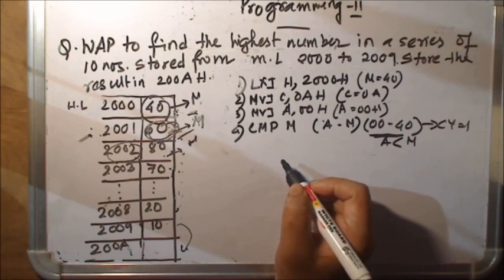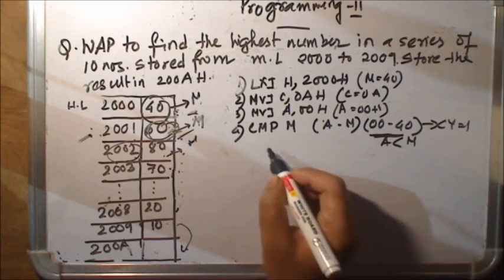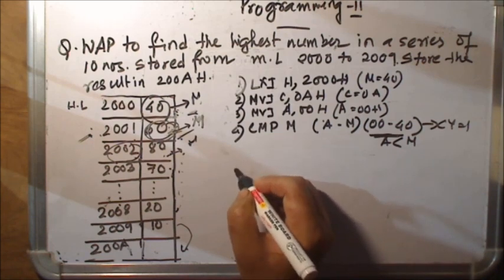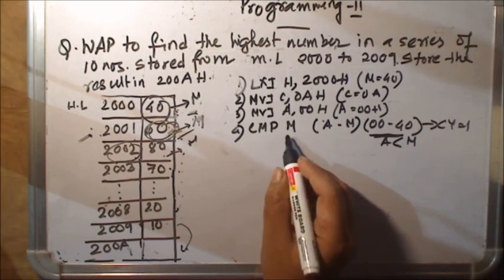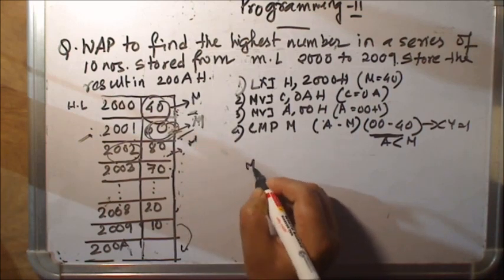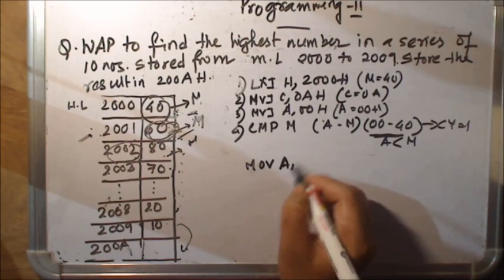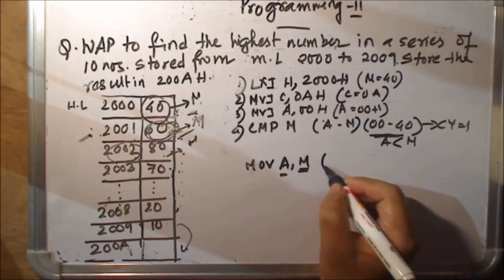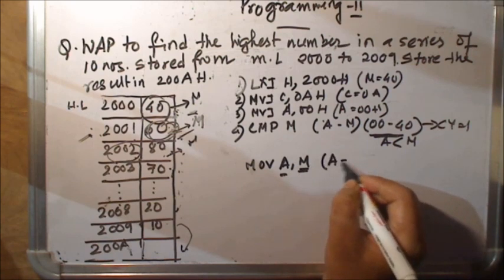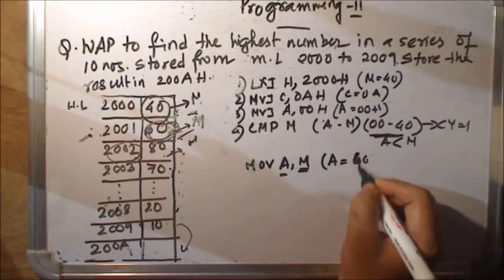So if there is a carry, what we will do, we will copy this number from M to A: MOV A, M. So A will be holding now 40, right?